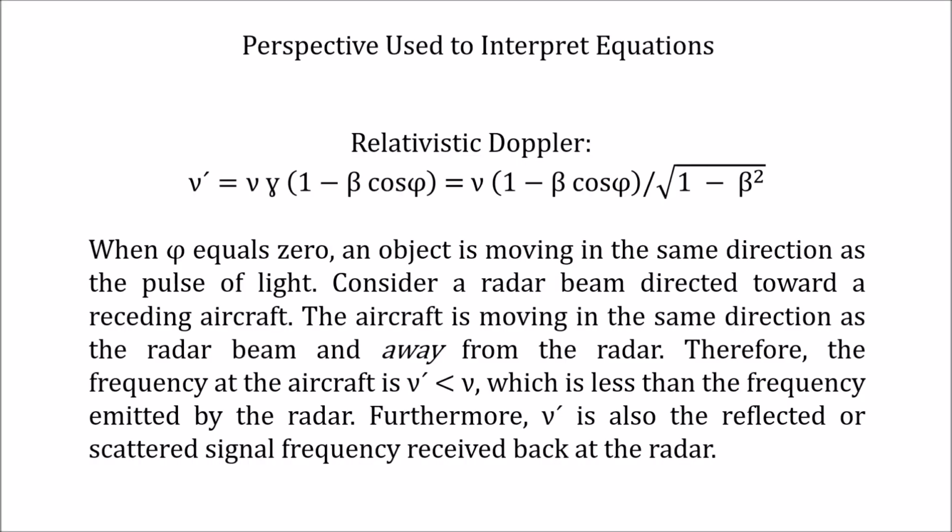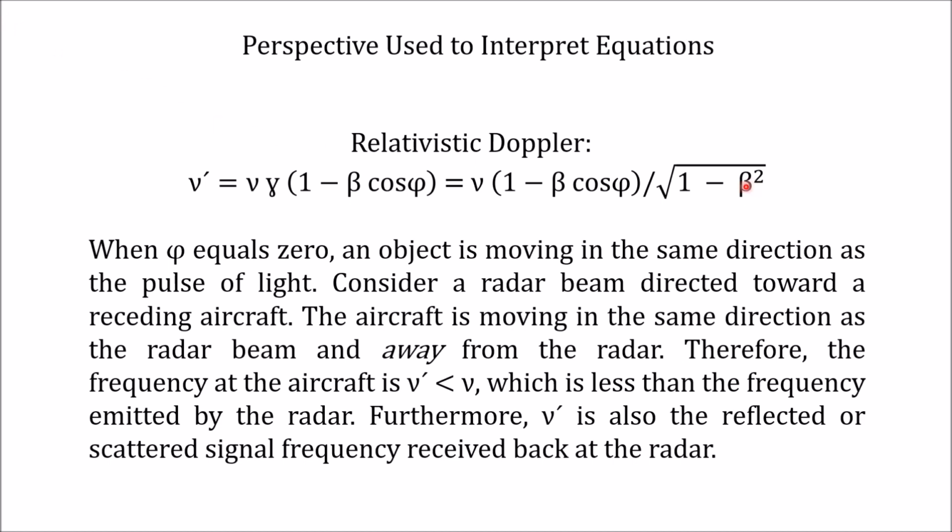So this is, to begin with, just going to be a slight review of where we are. In the last video, we showed where the Doppler and the aberration expressions came from. We're just going to be talking about the Doppler expression in this video.